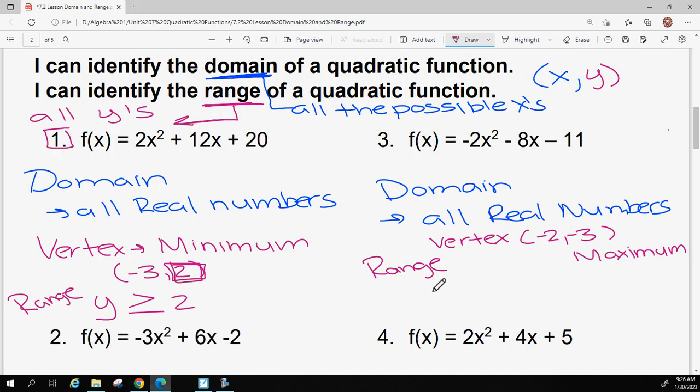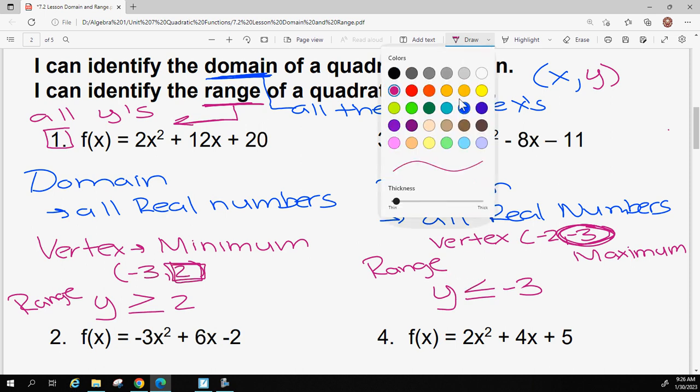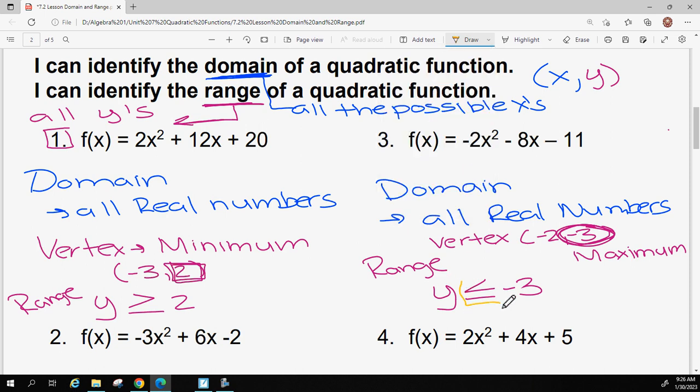So if we wanted to write this range now, we're going to say our y values are less than or equal to -3. And again, we're looking at the y value from our vertex. So one of the very important things here is to make sure we're not getting confused by our symbols. When we read our symbols, we read from left to right.